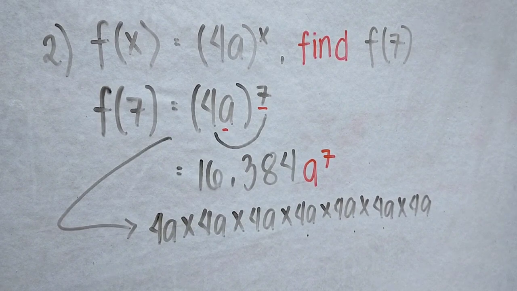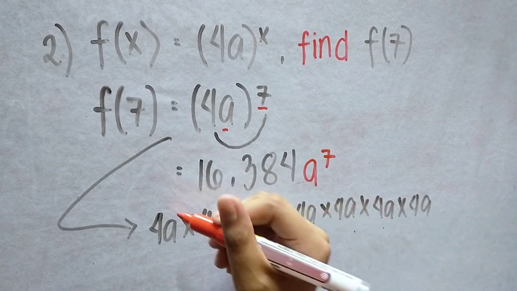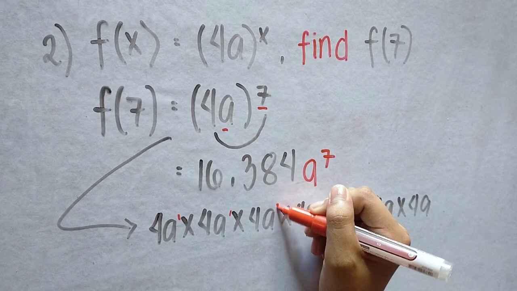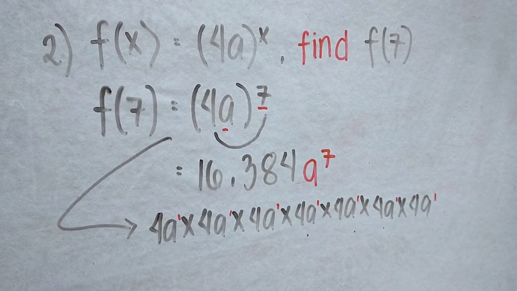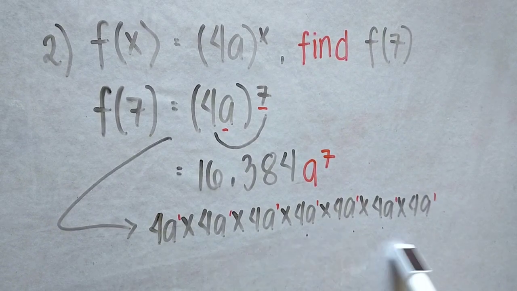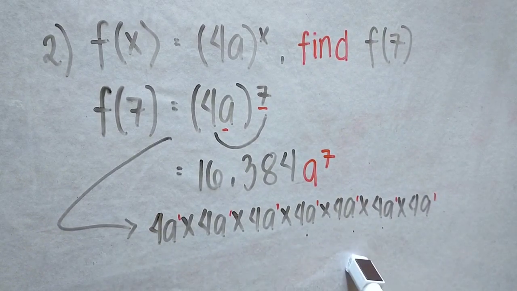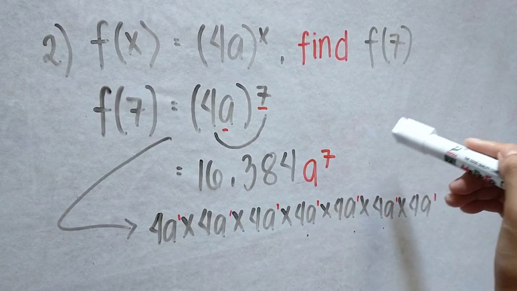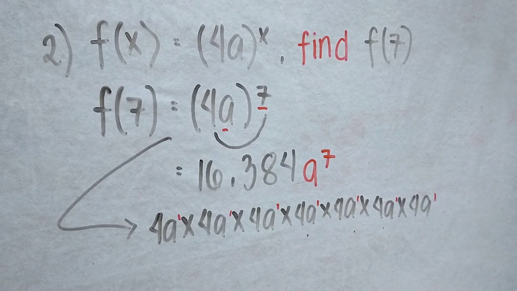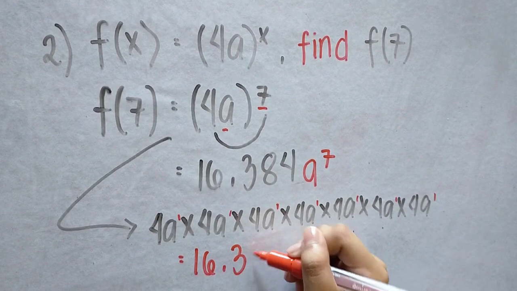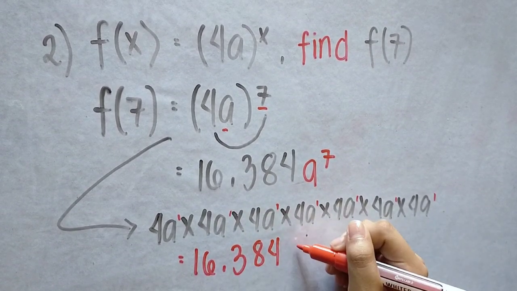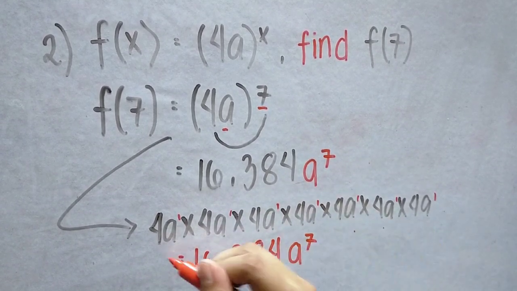And we all know na sa bawat a niyan, may invisible 1 sila sa taas. Once na inadd natin silang lahat, it's going to be a raised to 7. That's why, sa final answer, we have 16,384 a raised to 7.